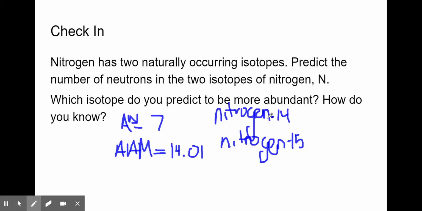So we want to straddle that decimal number. So we're going to say we have a 14 and we have a 15, okay? Nitrogen-14, obviously 14 minus 7 gives me 7 neutrons. 15 minus 7 gives me 8 neutrons, okay? I would assume that nitrogen-14 would be the most abundant because its mass is closest to the average atomic mass that's given on the periodic table, okay?